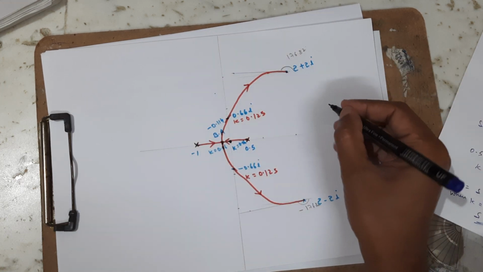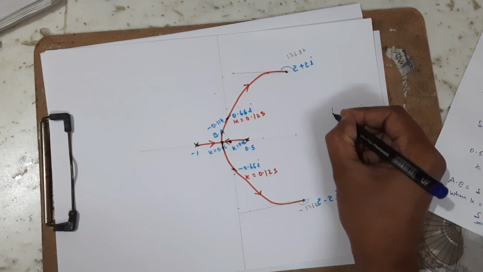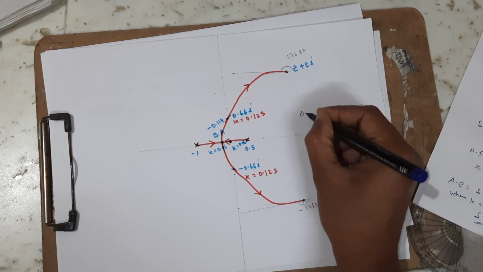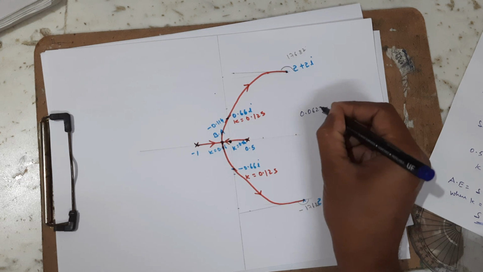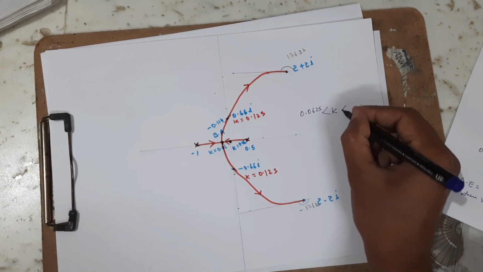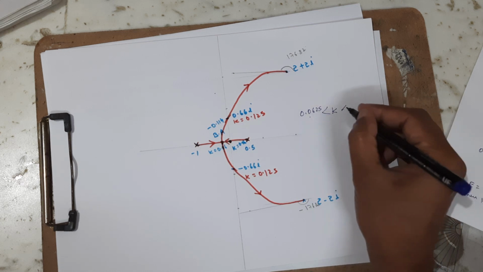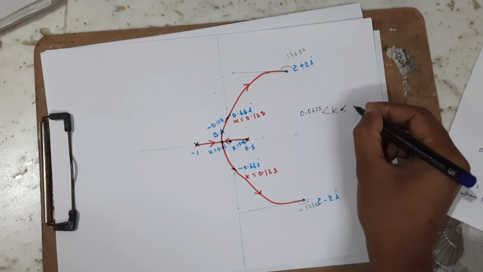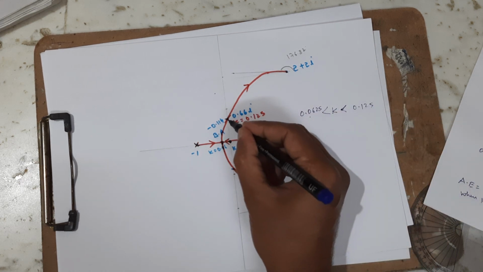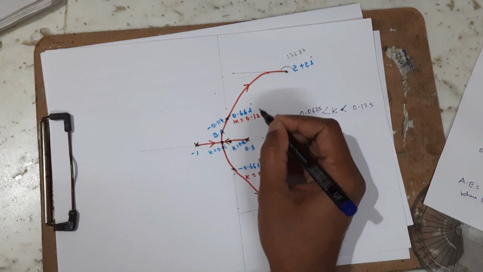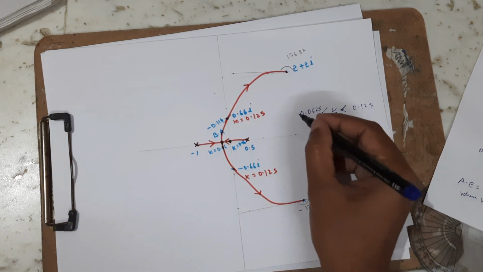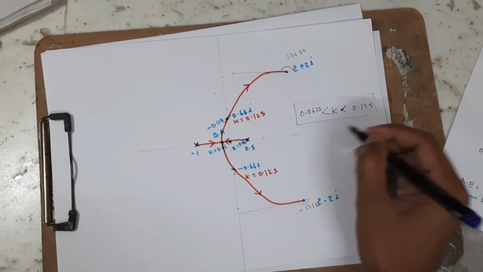Therefore the stable region is k greater than 0.0625 and less than 0.125. After 0.125, the system goes towards the unstable region. This is the stable region.